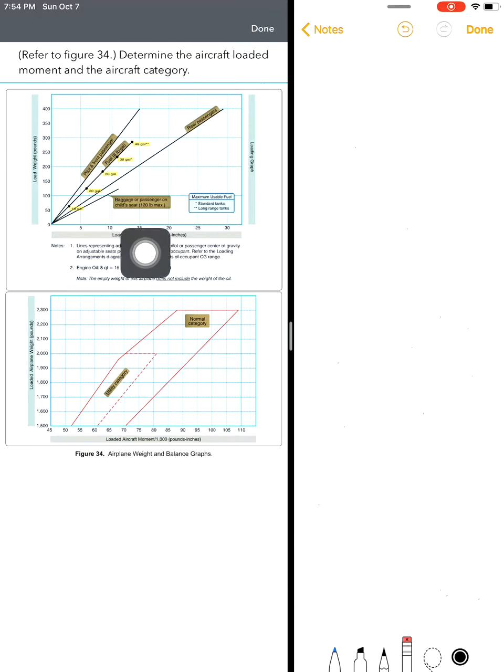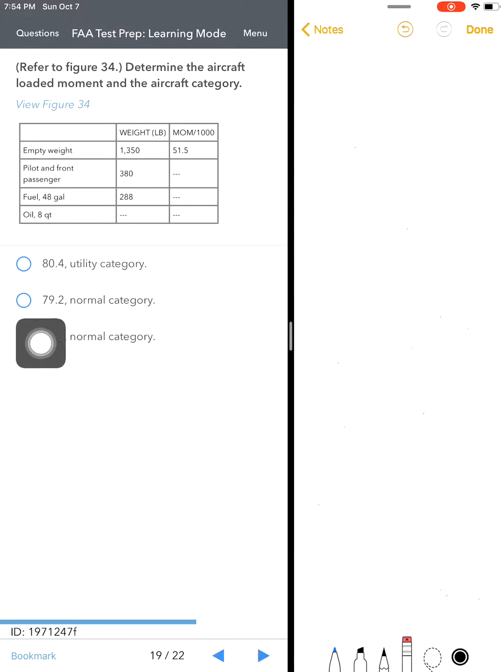Whatever you see, 10, 15, 11, 13, that's in thousands. That's your oil right up here. Write them down, and then you get your moment right up here. I'm pretty sure I've done one, but it's better to print the paper and do it that way.